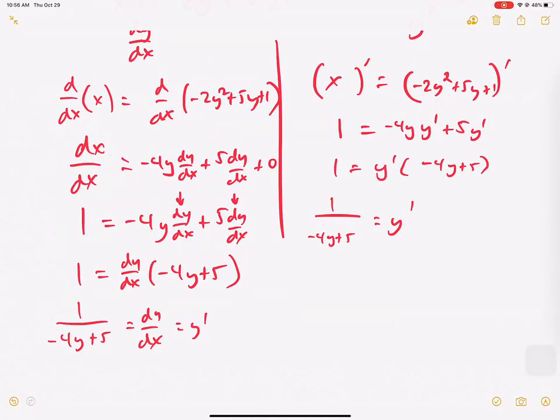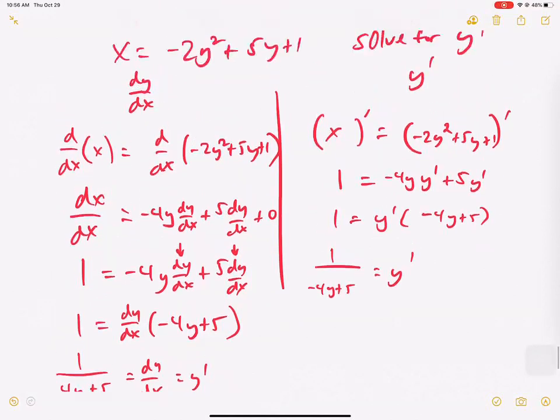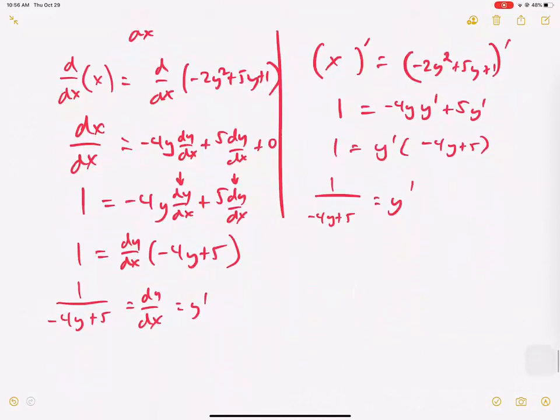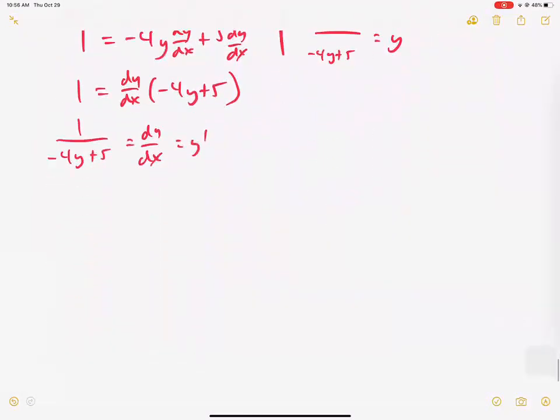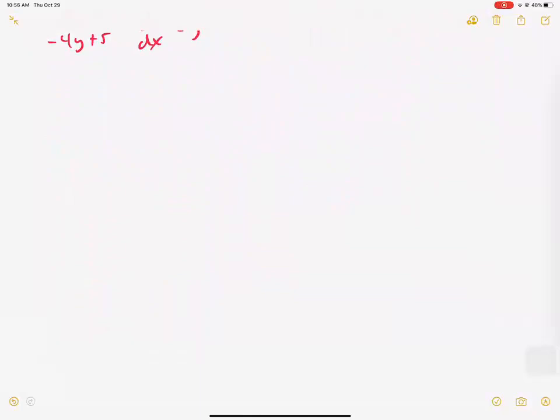Now, why do we do this? The main reason is that you can't always solve for y. So let me give you an example. Let's do an easy one. If y is equal to x squared, and I solve for y prime, that's going to be 2x.